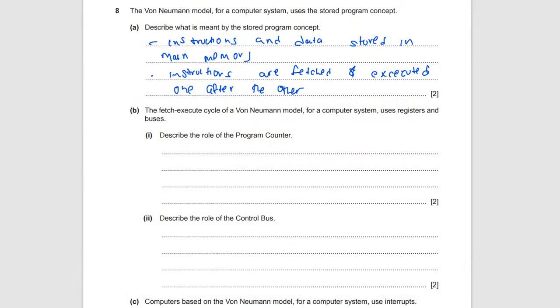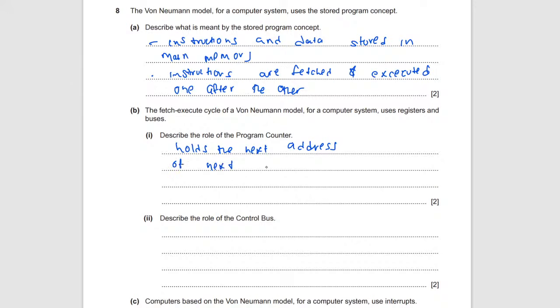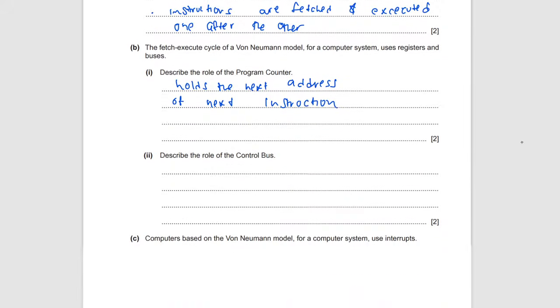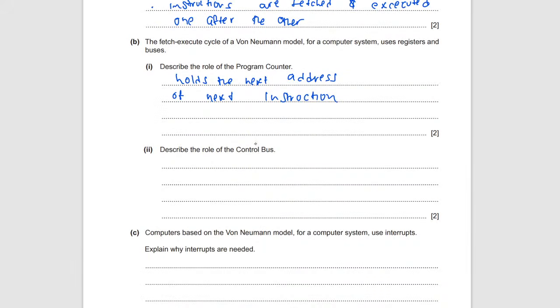Describe the role of the program counter, which is basically the PC. You can just write that it holds the next address of the next instruction. I'll give you your 2 marks. Describe the role of the control bus.